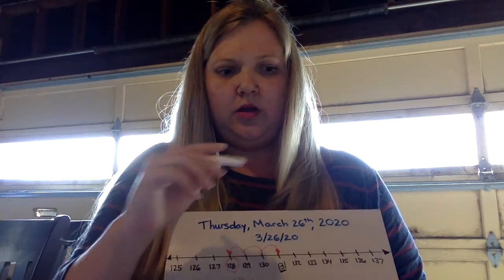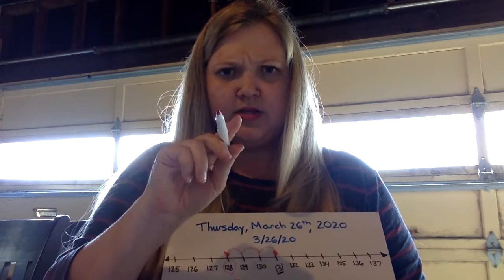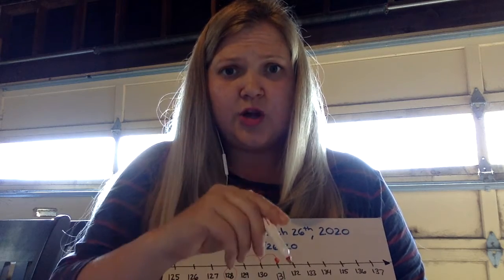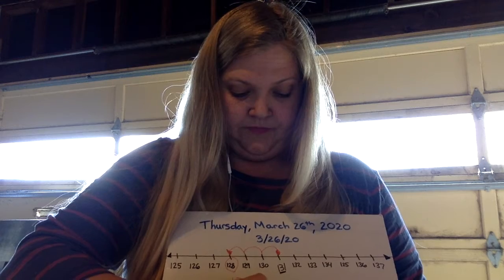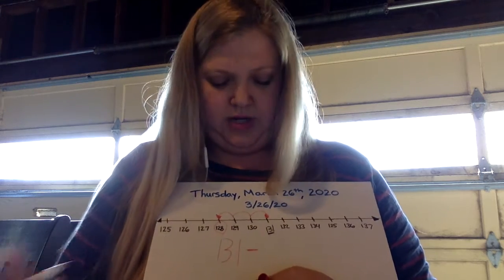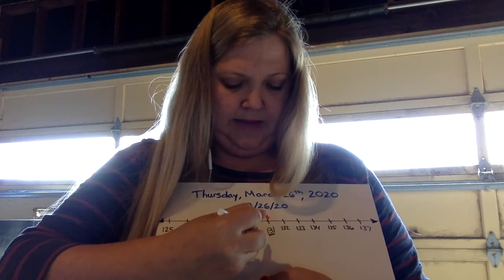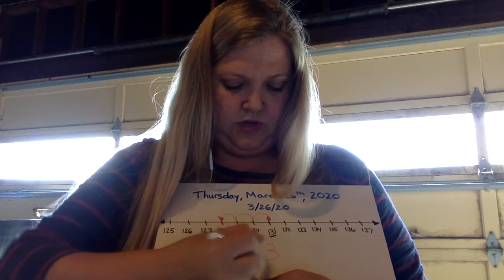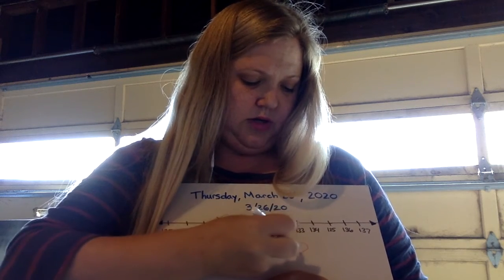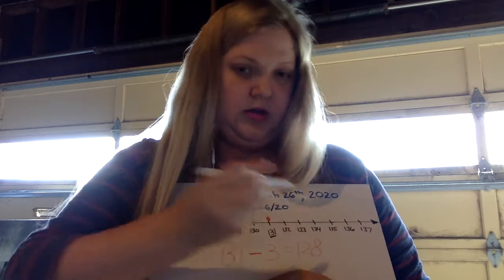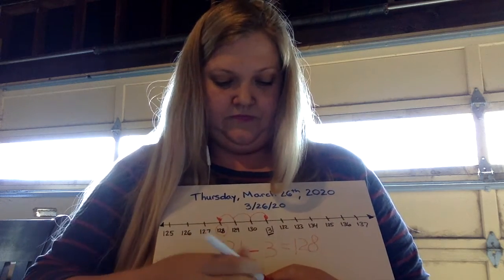Is that an addition symbol or a subtraction symbol? Subtraction symbol, good. 131 minus, subtract how many? 3 equals 128. There we go. Okay, last part of Number Corner today.